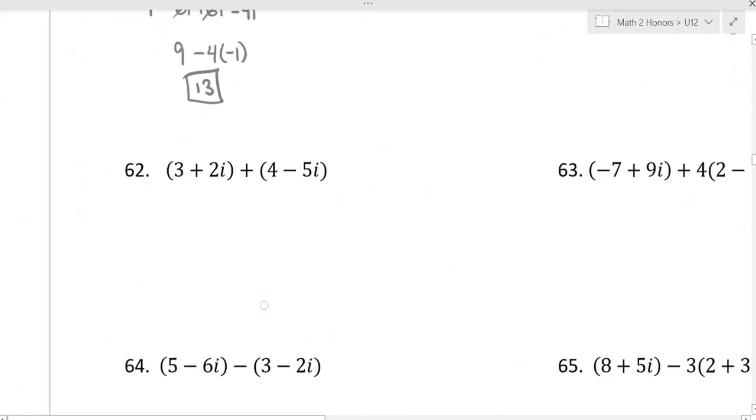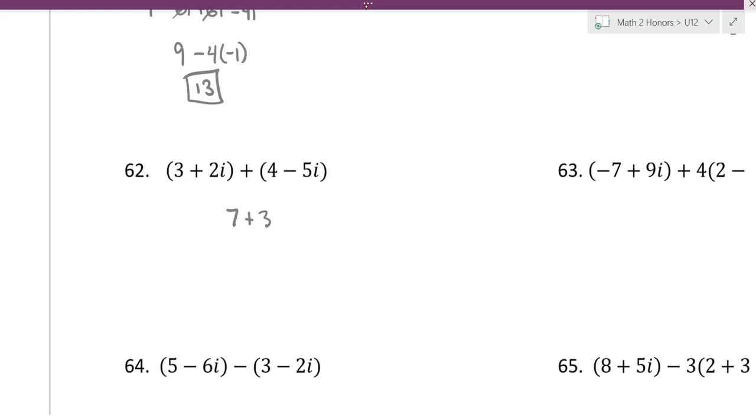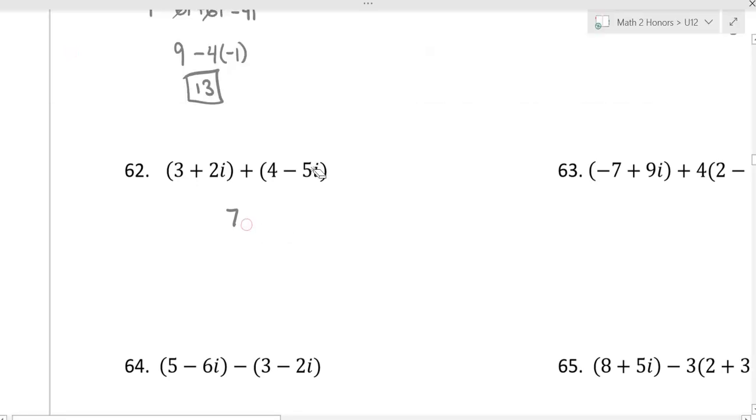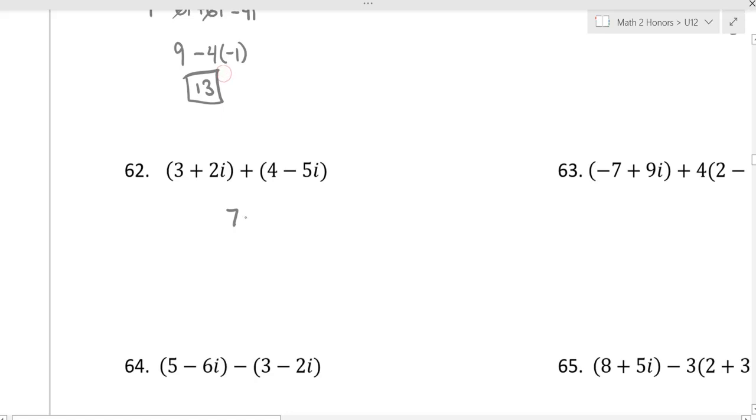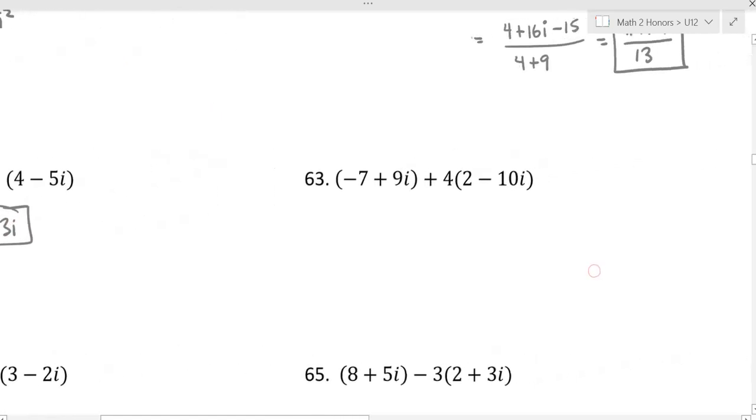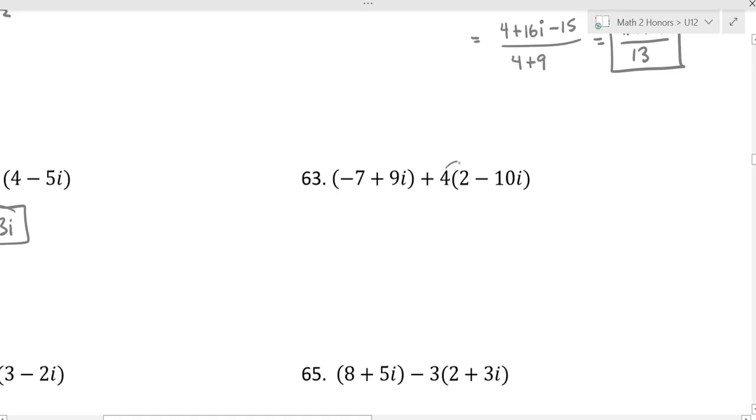62, add like terms. 3 plus 4 is 7. 2 minus 5 is negative 3. So it should be 7 minus 3i. 63. Distribute the 4 and you get negative 7 plus 9i plus 8 minus 40i.